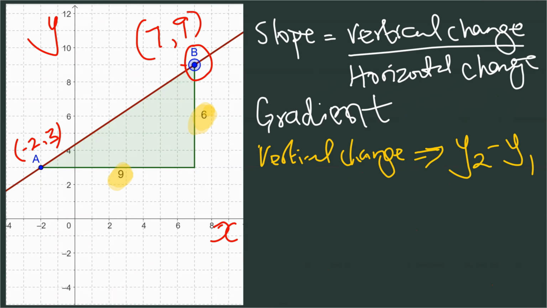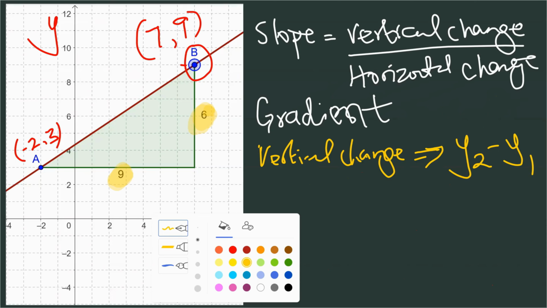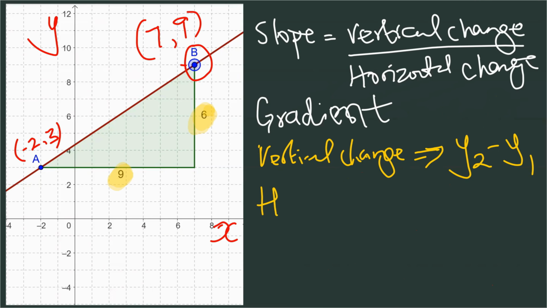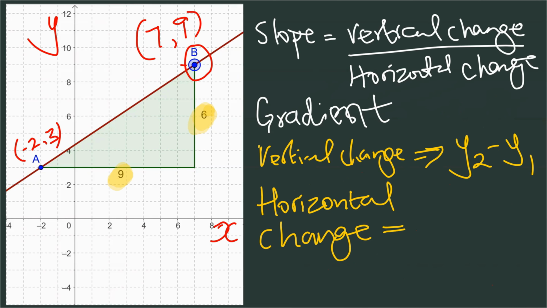Now to find the horizontal change, we subtract x2 minus x1.